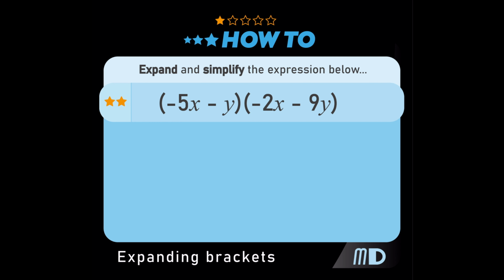To begin, we multiply minus 5x by each term in the second bracket. So minus 5x multiplied by minus 2x is 10x squared, and minus 5x multiplied by minus 9y is 45xy.